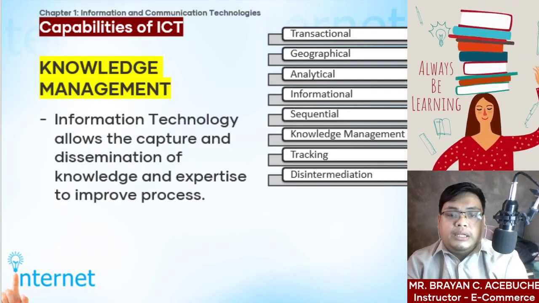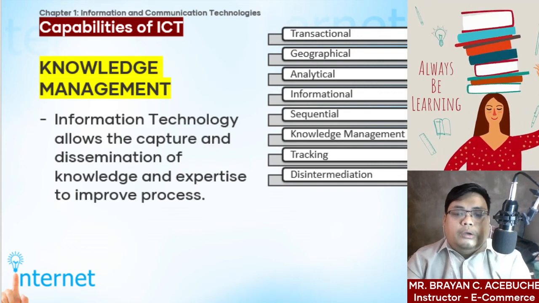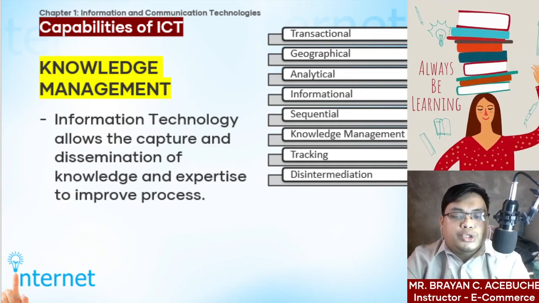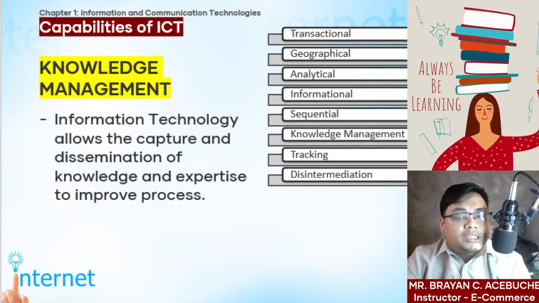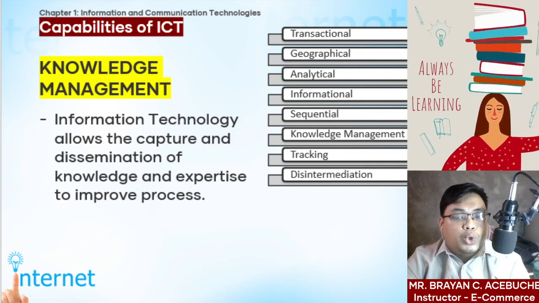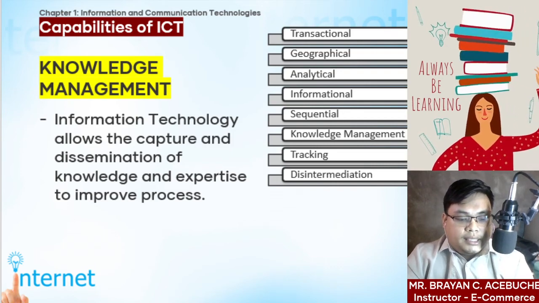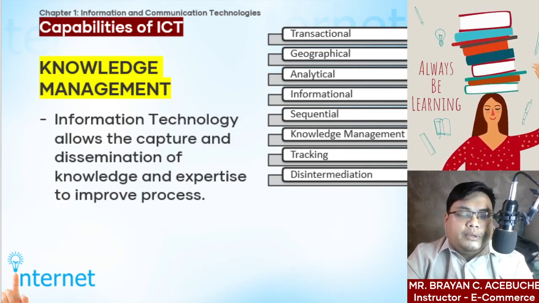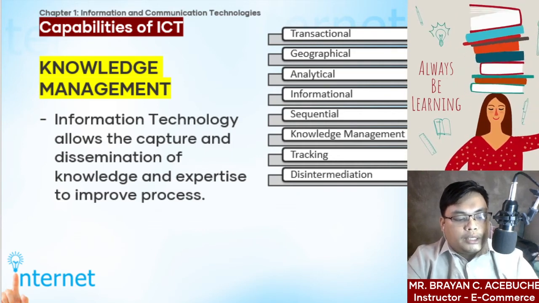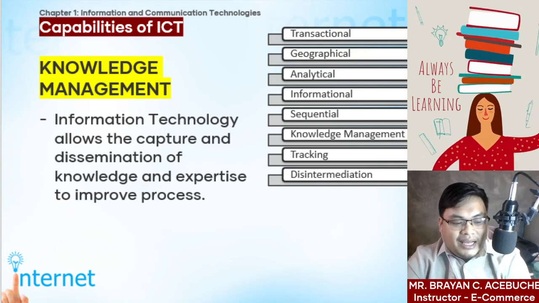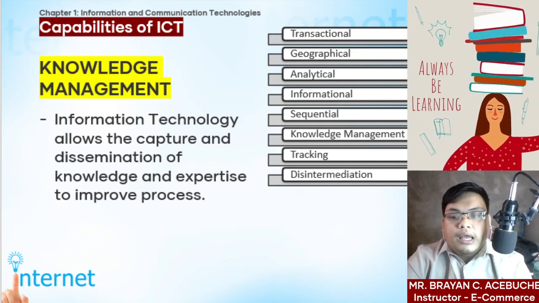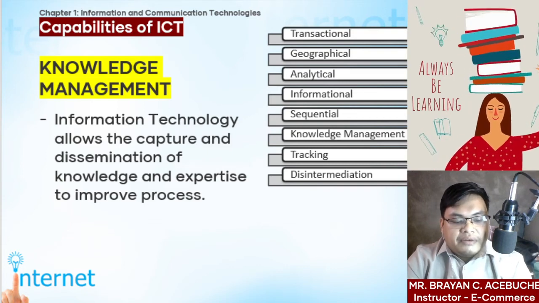We also have knowledge management. Okay, so what is knowledge management? Information technology allows the capture and dissemination of knowledge and expertise to improve the process. So a good example is the use of group support systems, yung mga ganyan, including electronic mails, computer-based meeting systems, yung mga online conferencing.